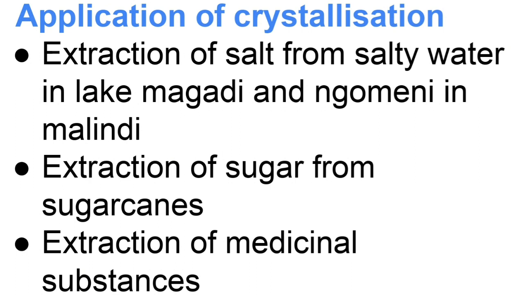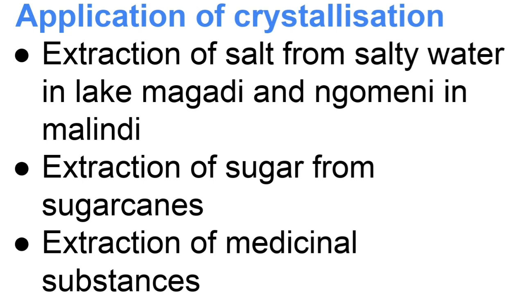Now most of the medicinal substances are from plants. So what happens is that the plant leaves, branches, or even roots are crushed. Then after crushing, they are evaporated so that the excess solvent evaporates until they are saturated.